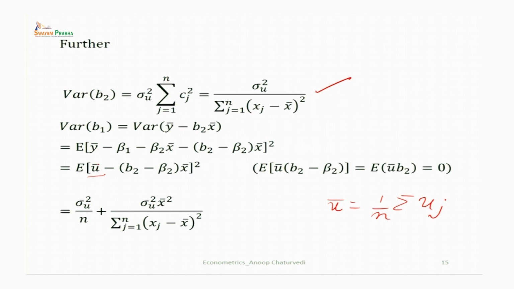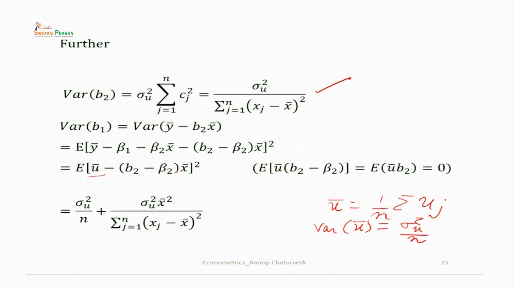Then you get expectation of u bar square or variance of u bar. Since each u j has variance sigma square u, so variance of u bar is sigma square u by n plus variance of B2 into x bar square.